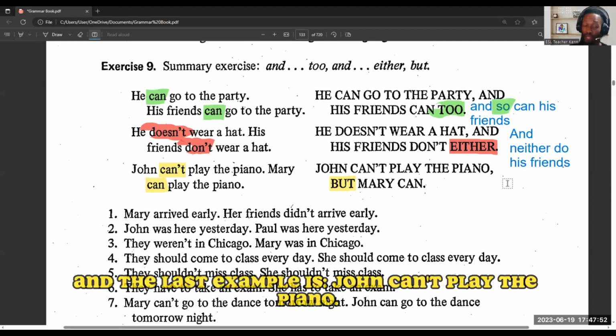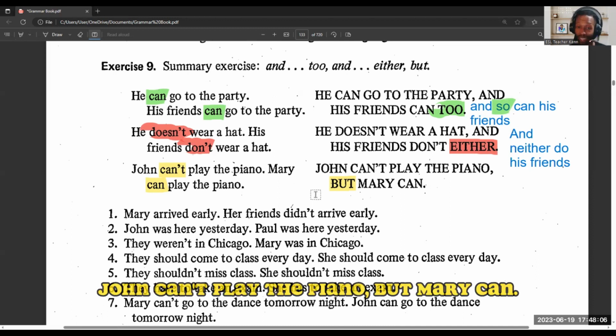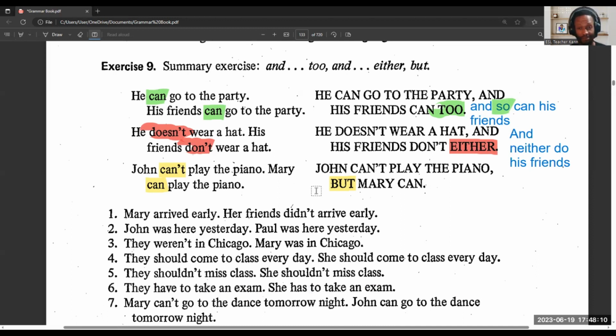And the last example is John can't play the piano. Mary can play the piano. John can't play the piano, but Mary can.